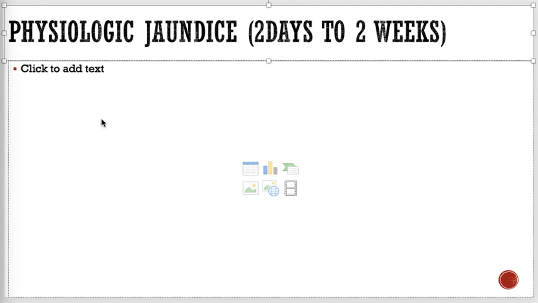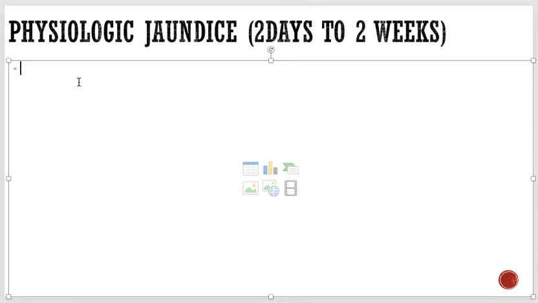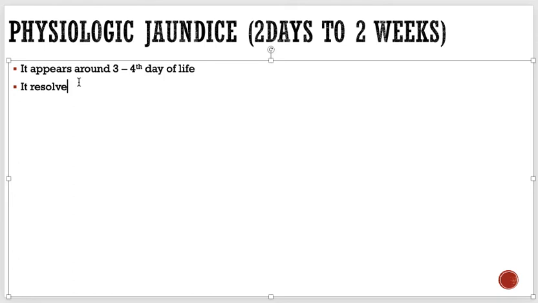So now what is physiological jaundice, guys? It appears mostly around the third to fourth day of life. And most of the time it resolves by the 10th day of life.